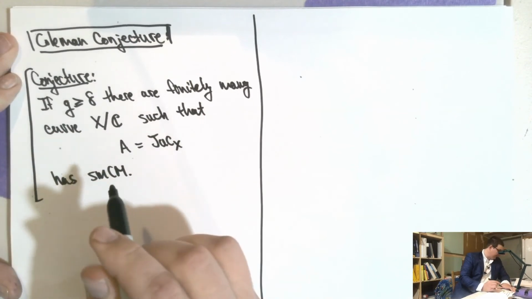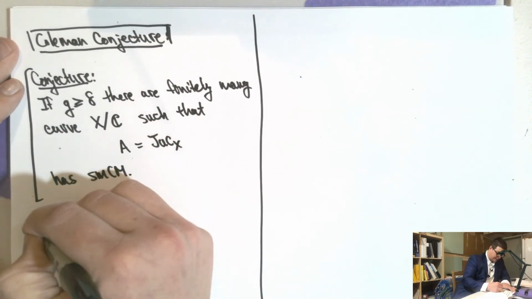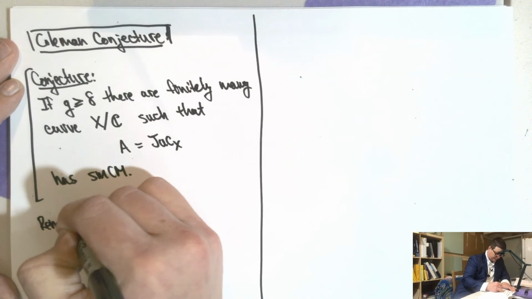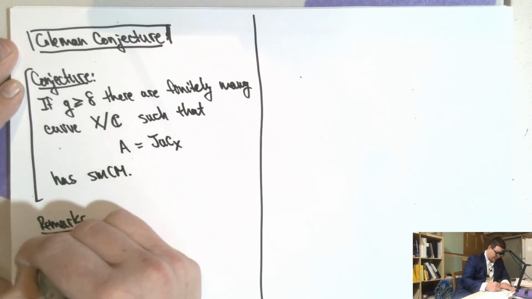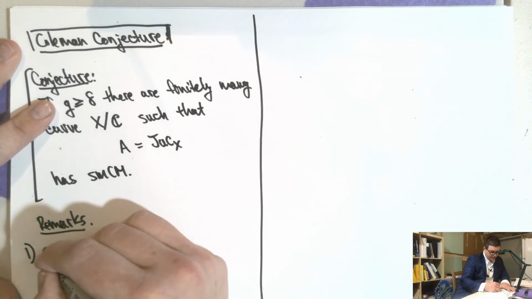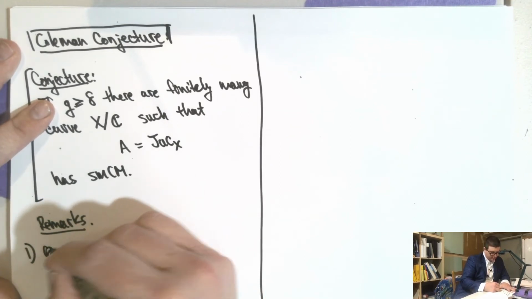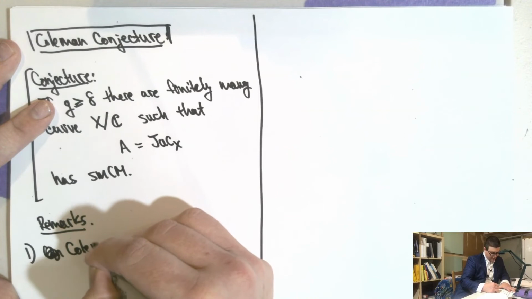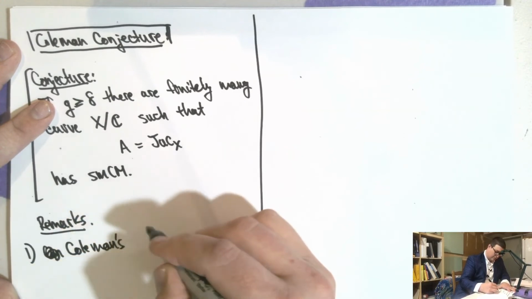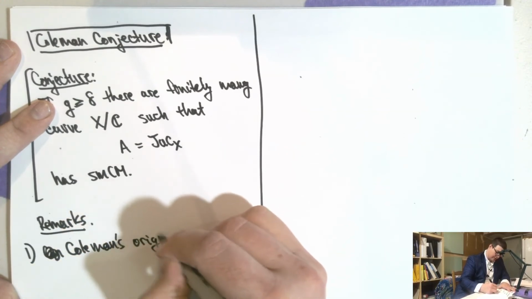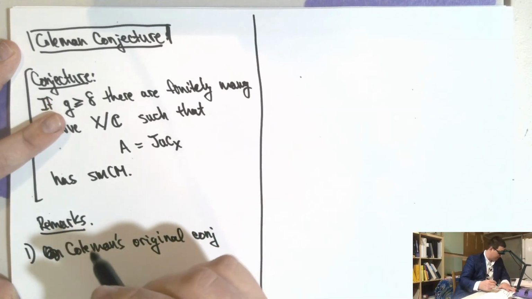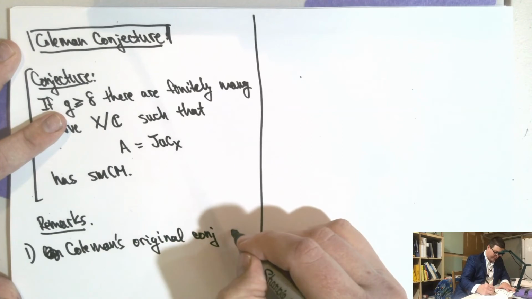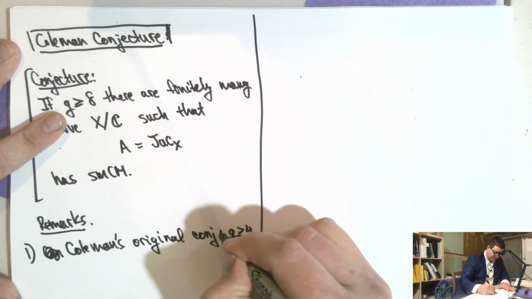Okay, so let me make some remarks. One is that Coleman's original conjecture was for g bigger than or equal to 4.